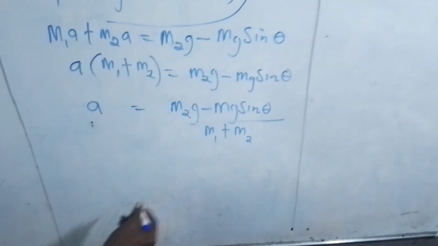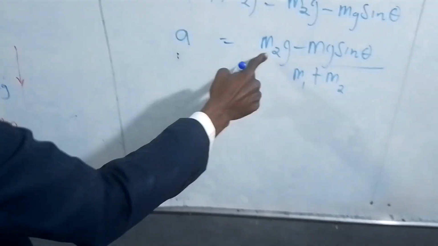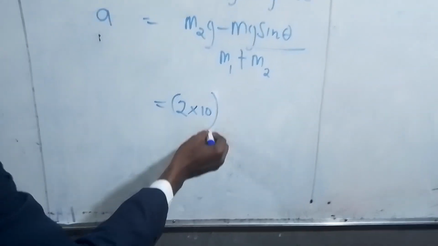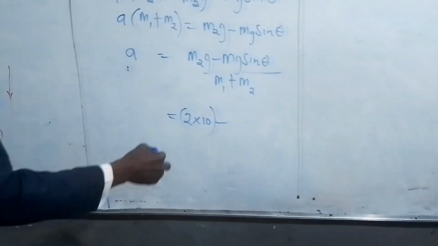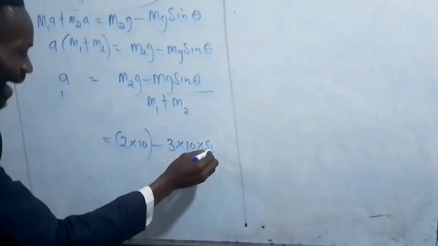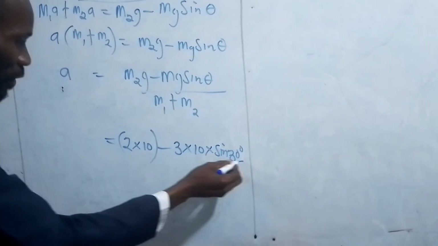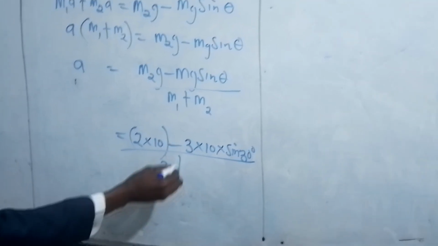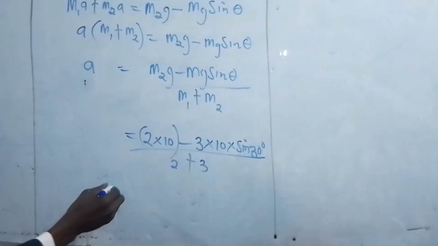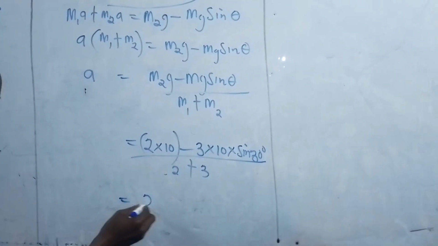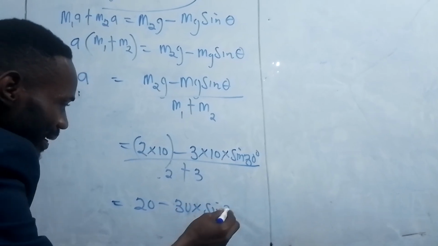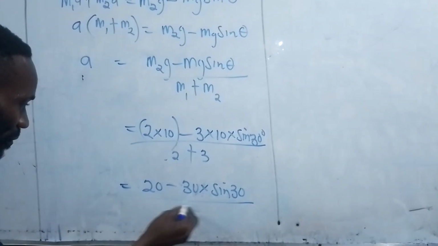Our M2 is given as 2, so 2 times the acceleration due to gravity, which is 10, minus our M1, given as 3, times 10 times sine 30 degrees, divided by M1 plus M2, which is 3 plus 2. That will be equal to 2 times 10 is 20, minus 30 times sine 30, divided by 5.